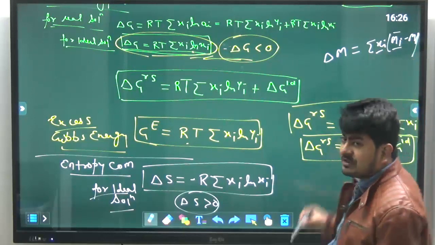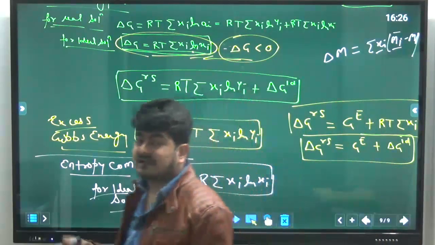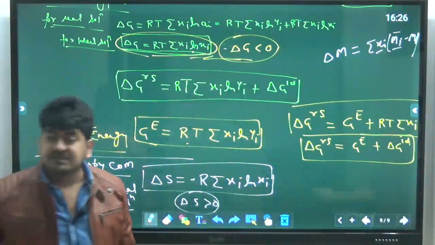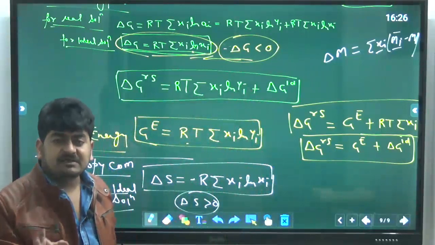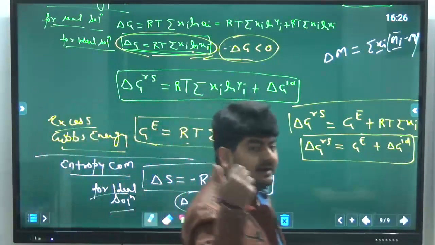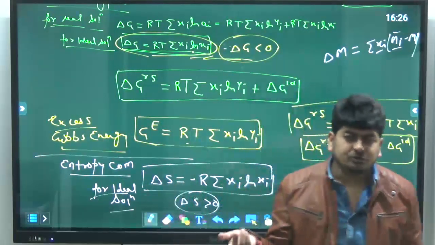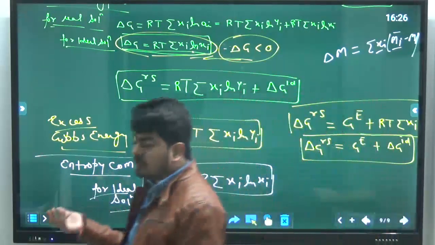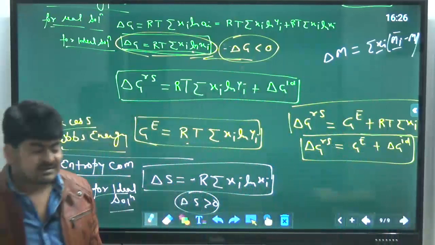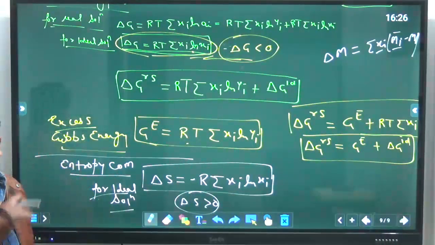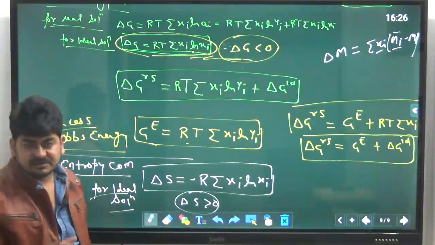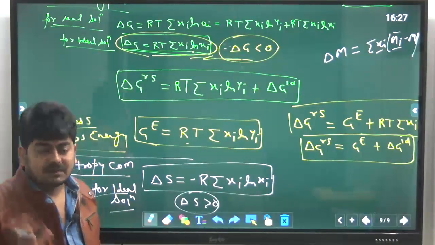Here you can see the composition and the partial molar properties and molar properties of the components are included. So property change of mixing is always defined based on the composition and molar properties of the components in pure form as well as in solution. That is, we can say the partial molar properties and molar properties of the component. So this is all about the property change of mixing.